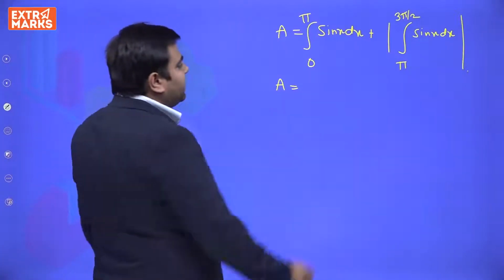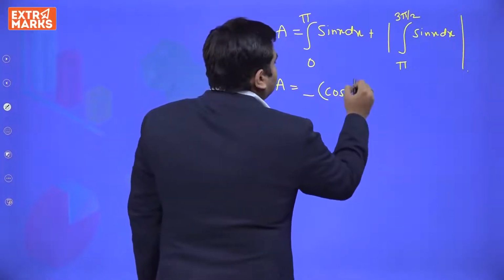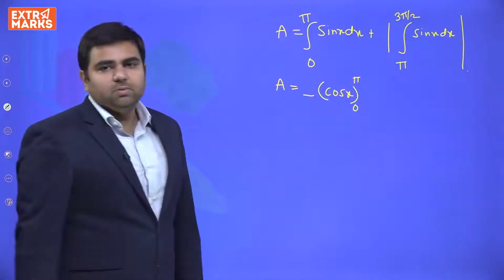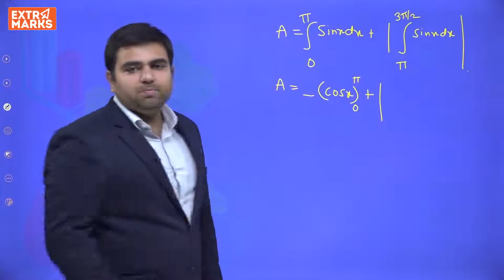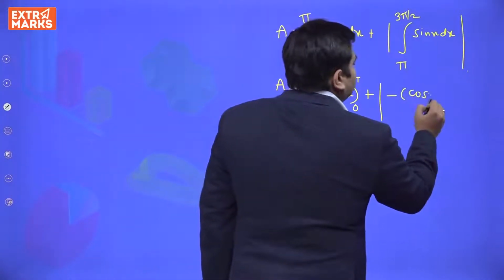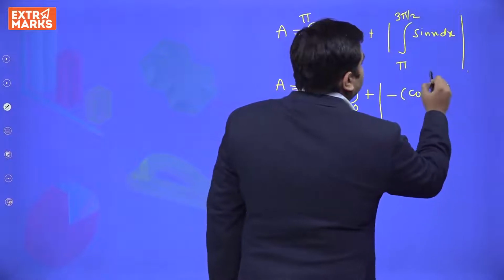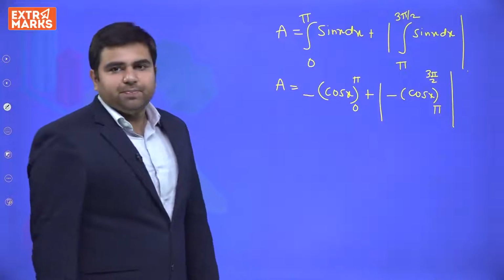The integral of sin x is minus cos x. This is from 0 to pi, right? Plus modulus of, what is the integral of sin x? This is again minus cos x, from pi to 3 pi by 2, modulus, right?